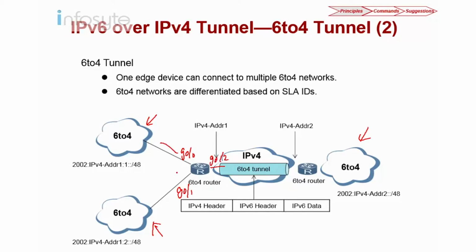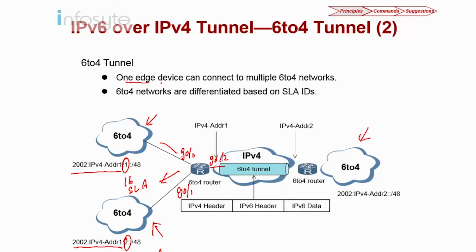Now these two interfaces are different subnets altogether. So you notice that this part here, the 16-bit, they are different. The first part over here is the same. Do you notice that? And the site level aggregator in this case is 1, and in this case is 2. The SLA is 2.